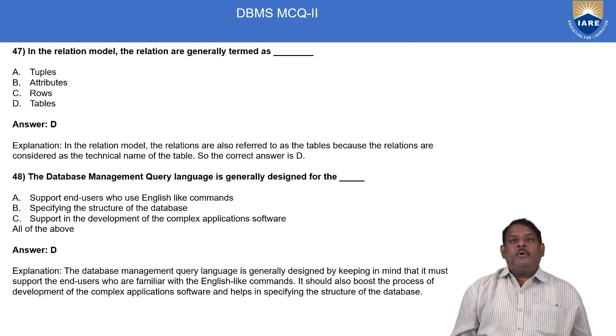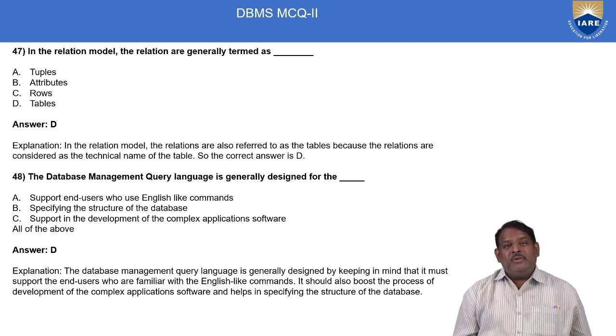In the relational model, the relations are generally termed as tuple? We know each and every row is a tuple. Attributes are columns. Rows are also tuples. So the answer is D, table.